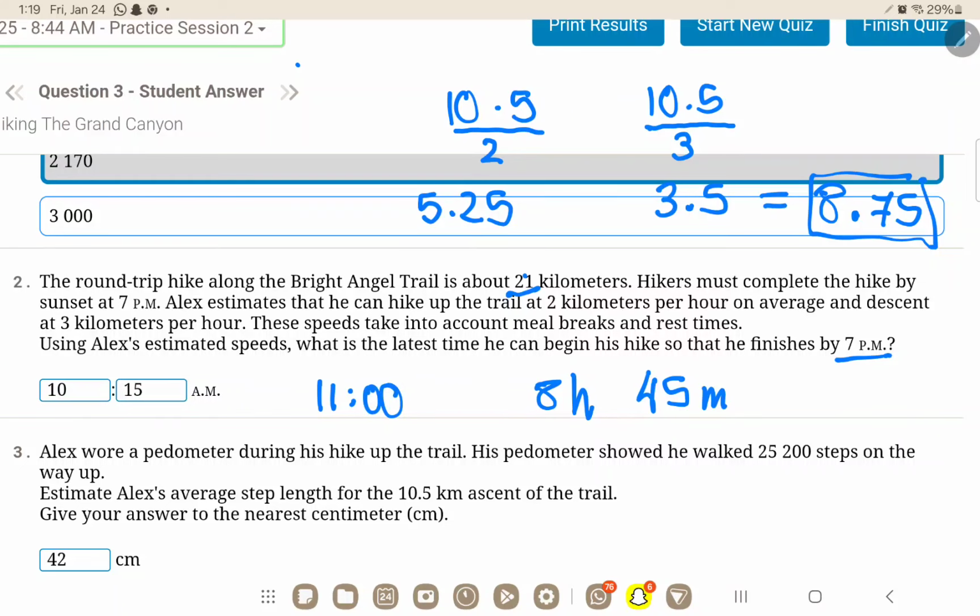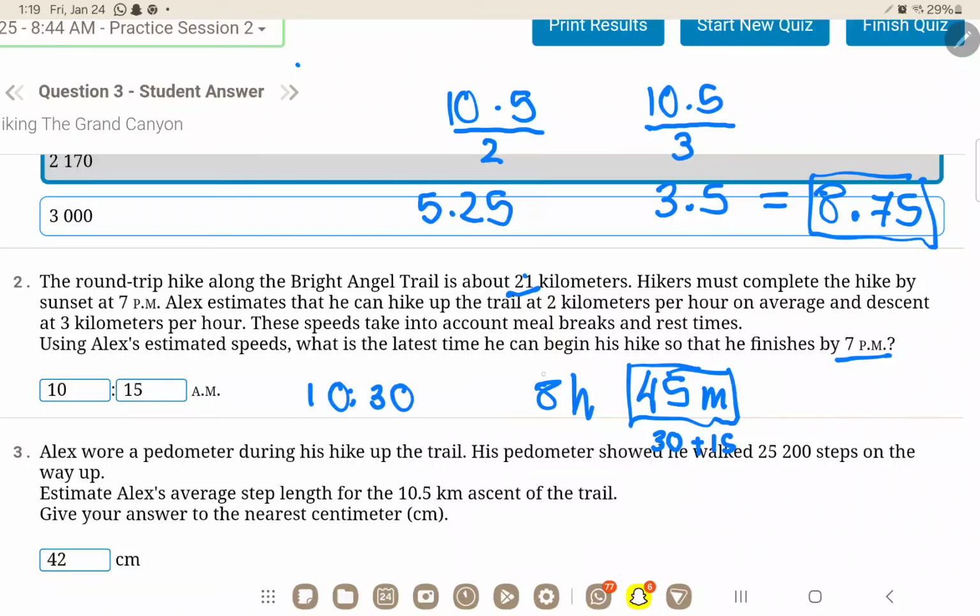But we remember, we can't have it only 11. We have 45 minutes. So you still need to do 11 minus that 45 minutes. If you take away 45 minutes from 11, what I personally like to do is split the 45 into 30 and 15. So 11 a.m. minus 30 makes it 10:30.